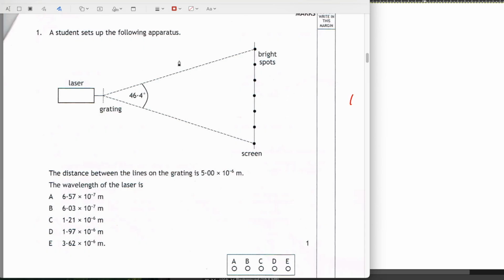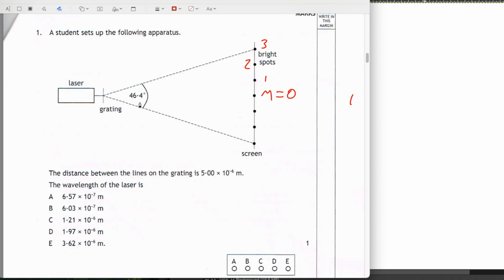So a student sets up the following apparatus, okay? We've got a laser, grating, we've got an angle, we've got bright spots, we've got a screen. So before reading the question, what do we know about this? We know that here m equals 0, m equals 1, m equals 2, m equals 3. That's the first maximum, the second maximum, the third maximum.